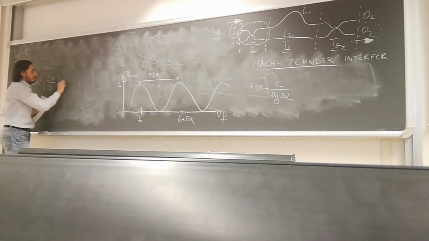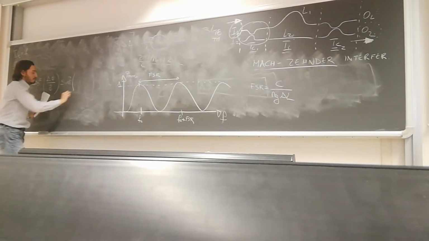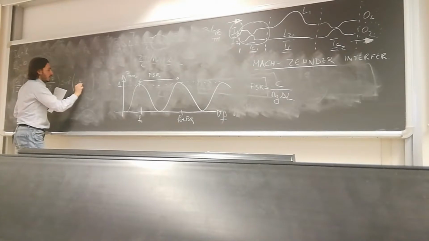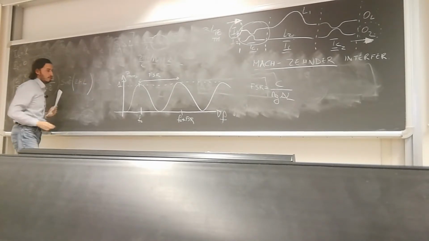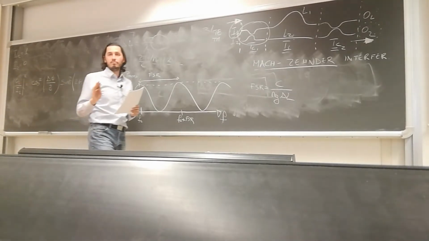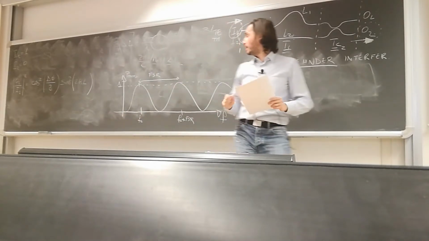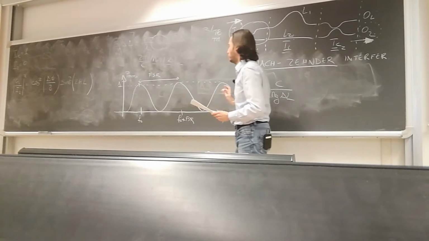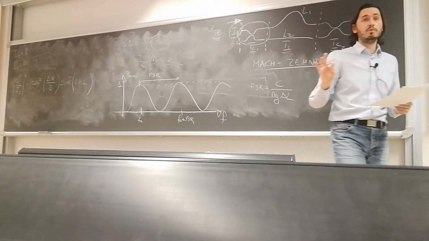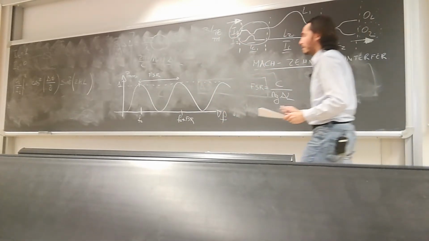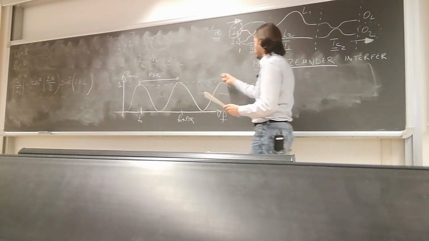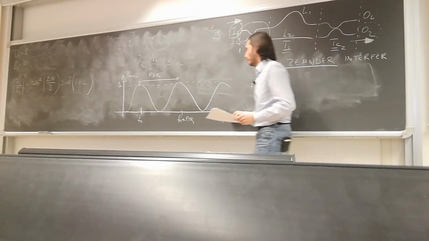Let me rewrite this. Equals to KL. Okay? So ideally, I told you that this circuit has a periodic frequency response. So ideally, you should see this shape, this sinusoid versus frequency forever.